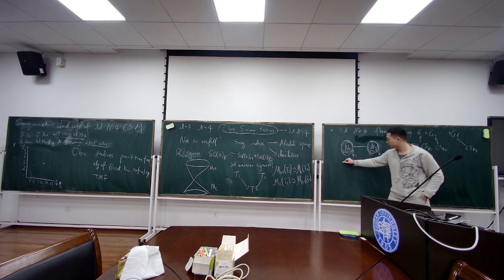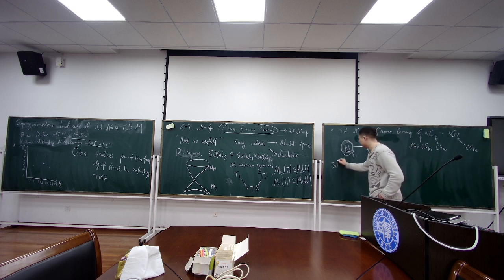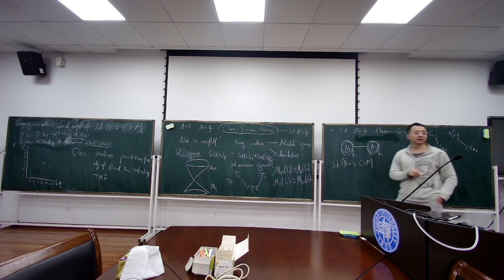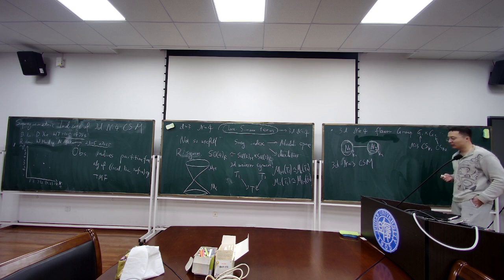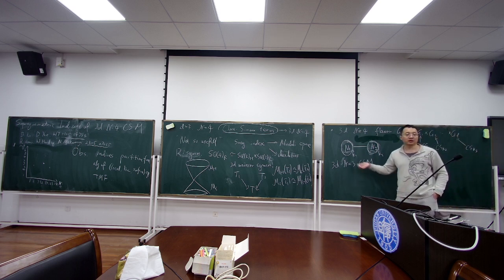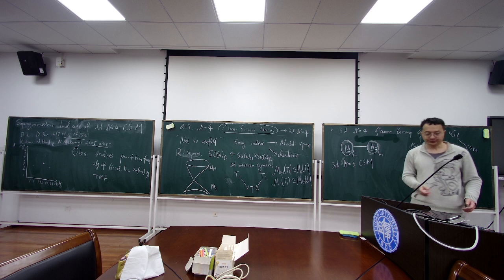But the resulting theory is naturally a 3D N=3 Chern-Simons matter theory. Then you will ask, how can this become 3D N=4?